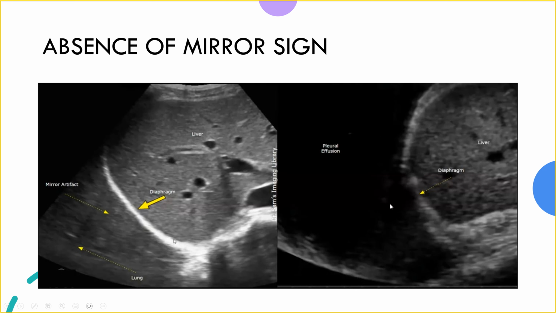And in cases of pleural effusion, the liver is not reflected into the lung tissue, and then there is a dark area that appears, which is the pleural effusion. So the absence of the mirror artifact is diagnostic of pleural effusion.